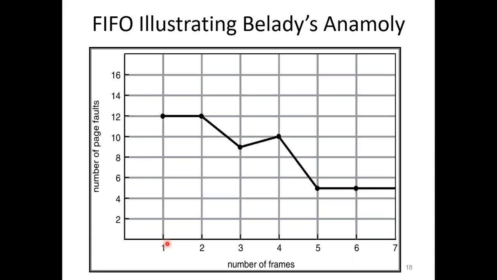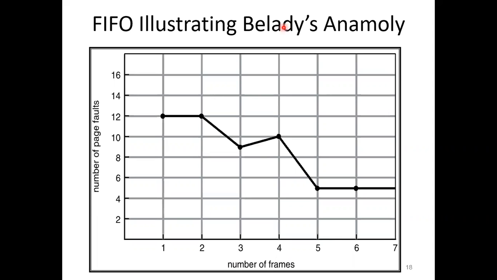As we increase the number of frames, the number of page faults decreases. But from this point, if you increase the number of frames, the number of page faults also increases. This phenomenon is known as Belady's anomaly.